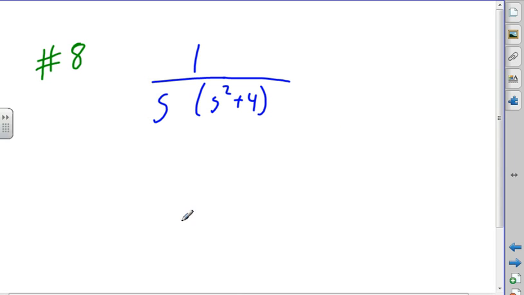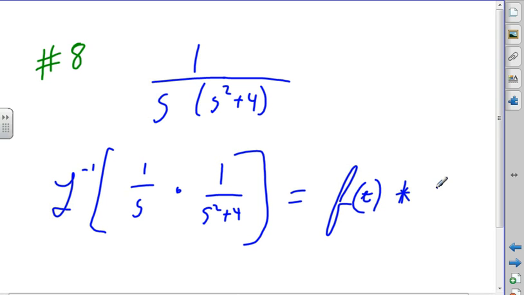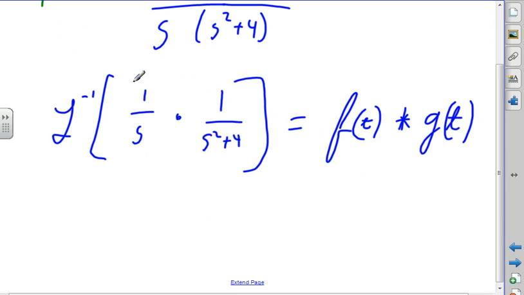It said if I took the inverse Laplace transform of 1 over s times 1 over s squared plus 4, then that's the same as taking f of t convoluted with g of t. Now the issue is, what is f of t? Well, if 1 over s is capital F of s, then f of t has to equal 1.